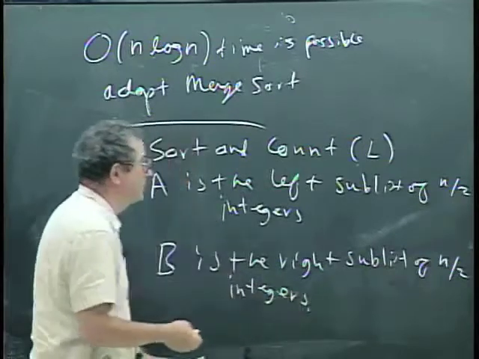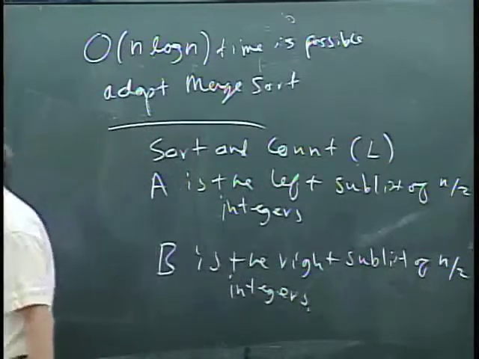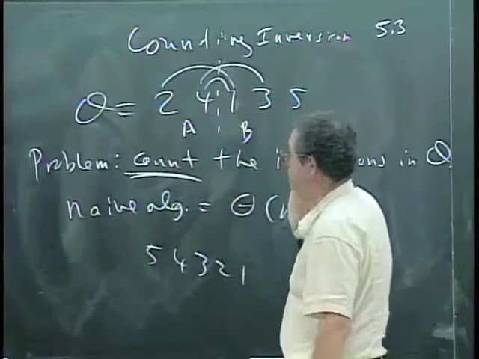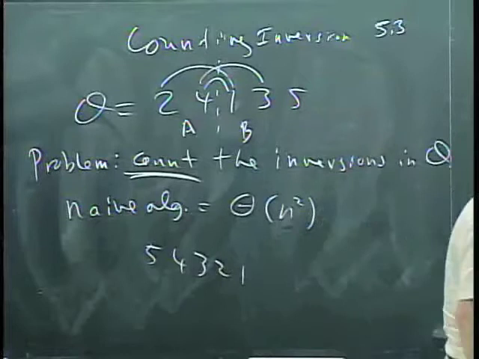So this division obviously can be done in constant time because you're just saying, okay, this is my one sublist, the second sublist, okay?